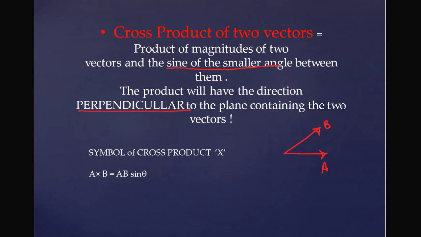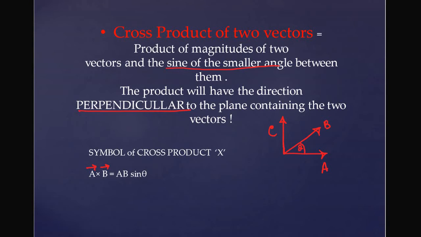These two vectors, when given by cross product, will give AB sine theta. Sine theta will be the smaller angle between them. And the direction will be perpendicular to both of the vectors. So it would be like this. The direction of the resultant vector will be like this.